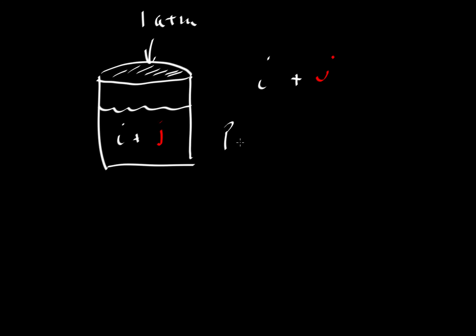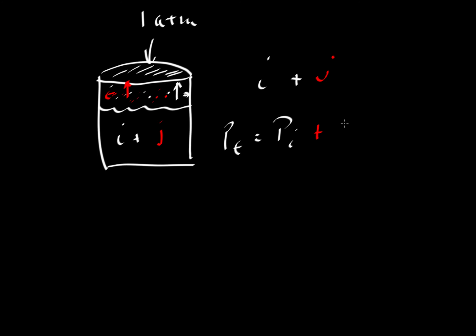We can now talk about the total pressure in the system being equal to the sum of the partial pressures. So imagine atoms of I sitting in the atmosphere above that solution, pounding away on the walls of this container. That would be the pressure of I. And then we would have atoms of J, whatever molecular species that is, also pounding away both on the sides and on the lid of that container.